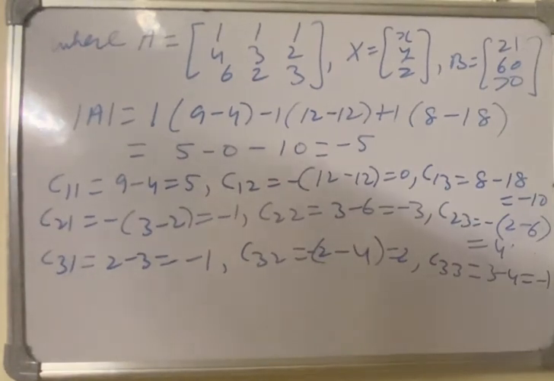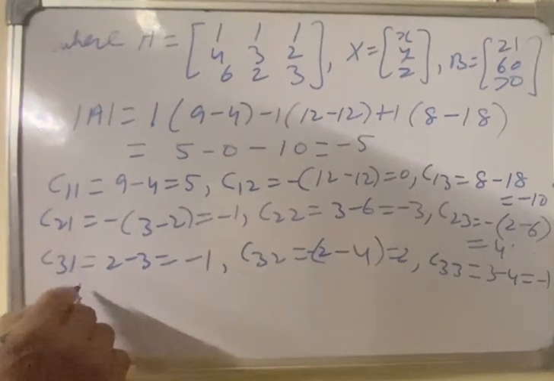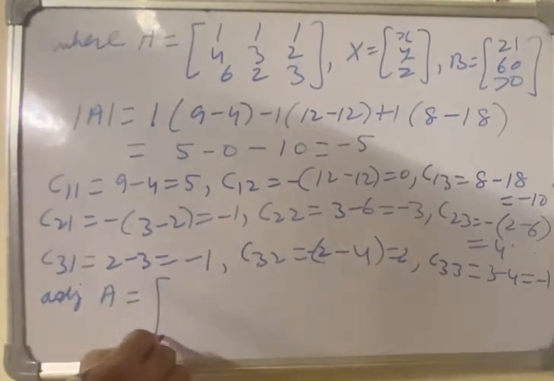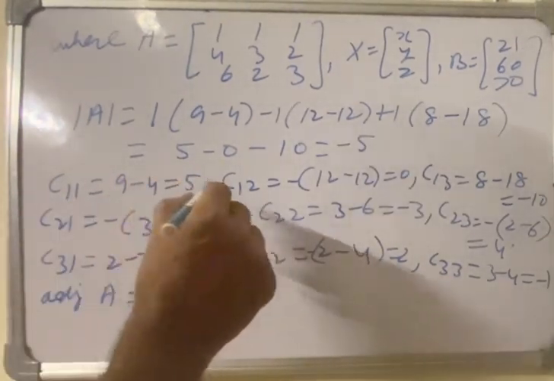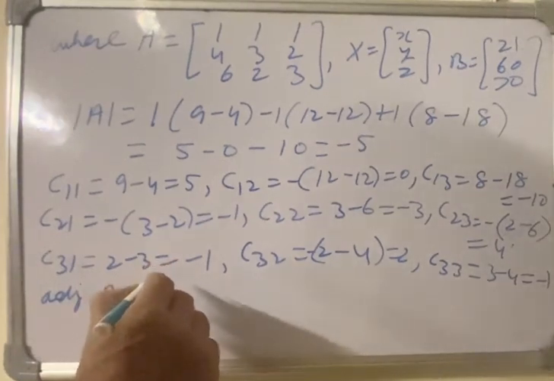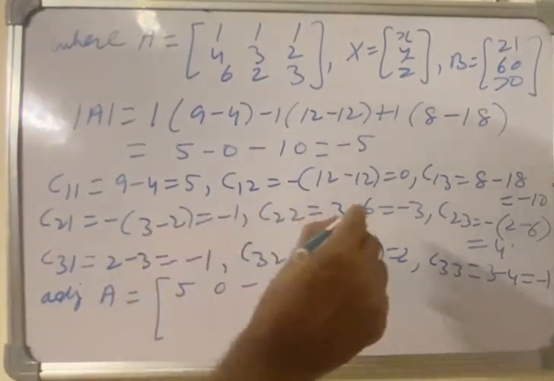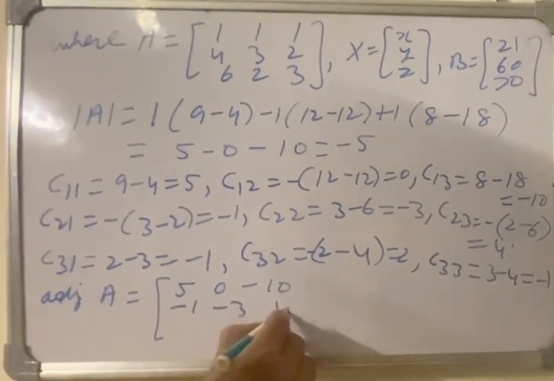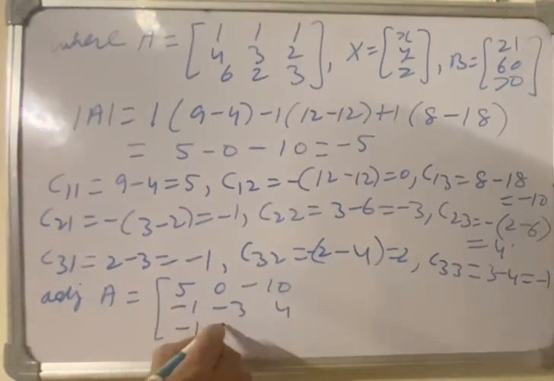Therefore, adjoint of coefficient matrix A is equal to transpose of matrix of cofactors: 5, 0, minus 10, then minus 1, minus 3, 4, then minus 1, 2, minus 1.